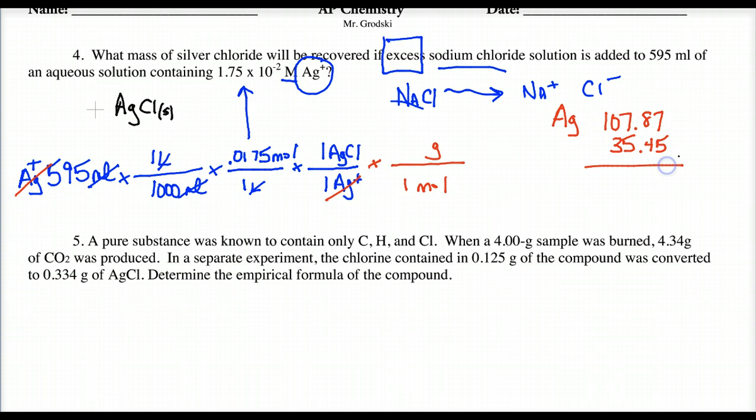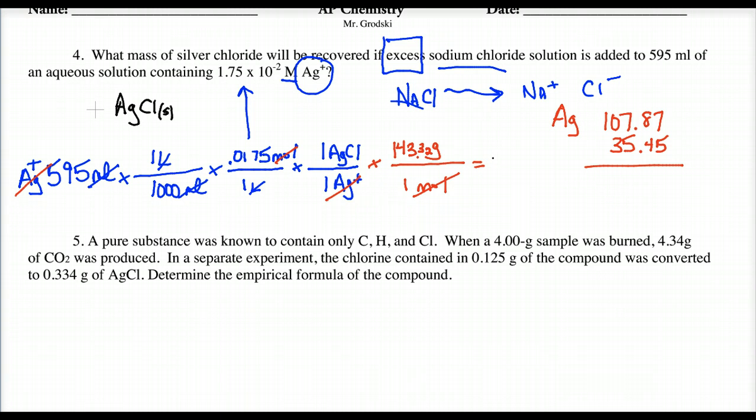All right, and we're going to add those together: 107.87 plus 35.45, I get 143.32. Okay, mole goes away, and I'm left with grams.